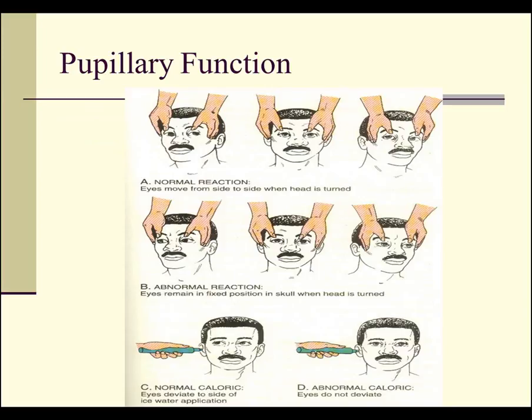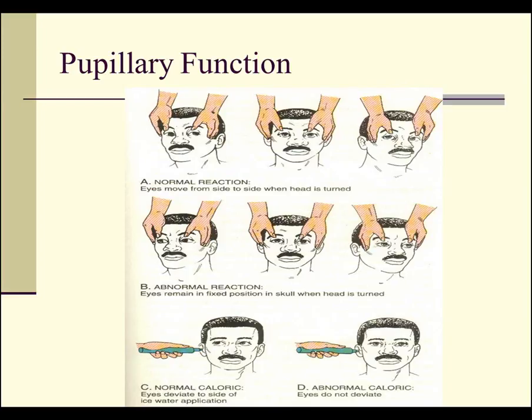Another test that we can do for the pupillary function is basically making sure the eyes are open so that we can see them and rotating their head. If their eyes move from side to side when the head is turned, that is a normal reaction. Abnormal is when the eyes remain fixed when you turn the head from side to side.